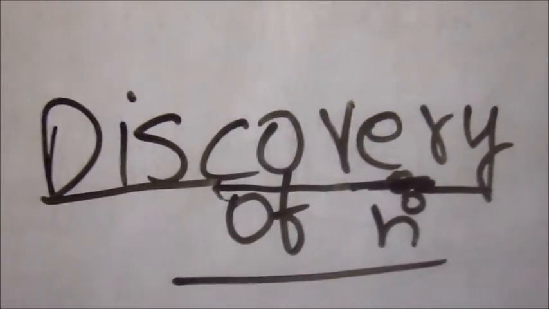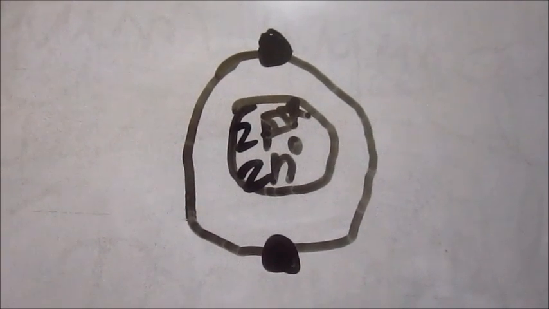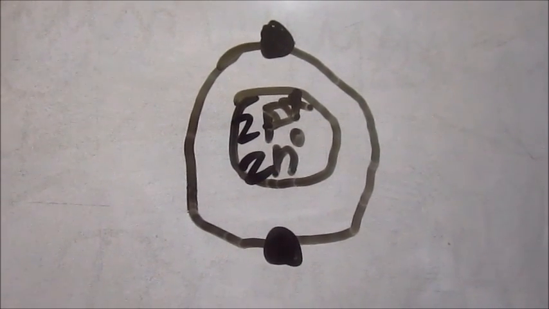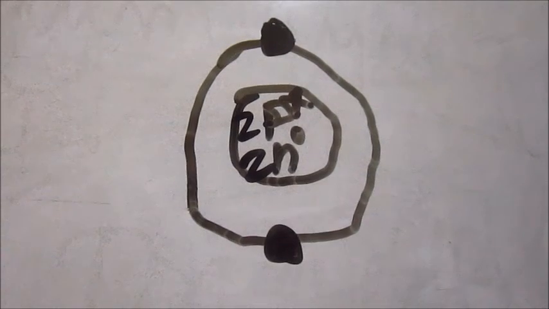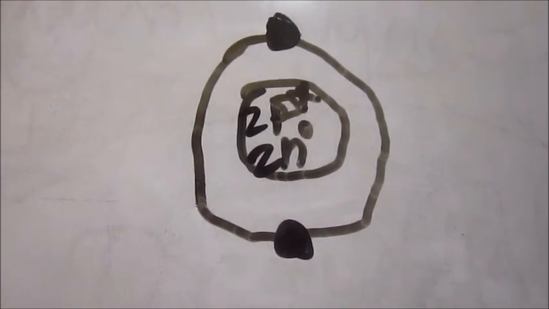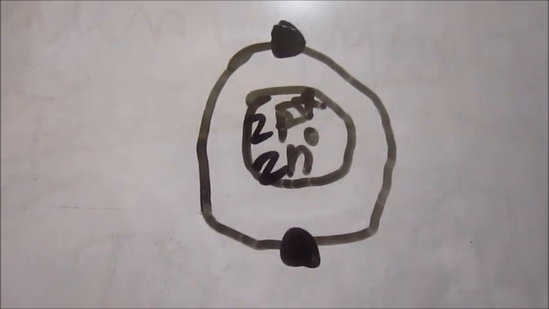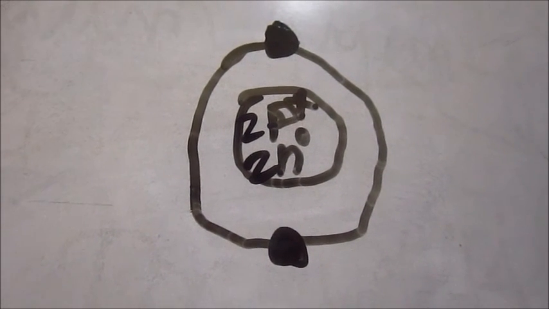Moving on, the next topic is the discovery of neutrons. When measured, the atomic mass of an element should be equal to the mass of its protons. The total mass of the protons was far less than the atomic mass calculated experimentally.